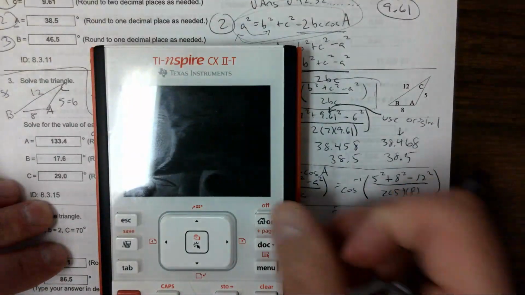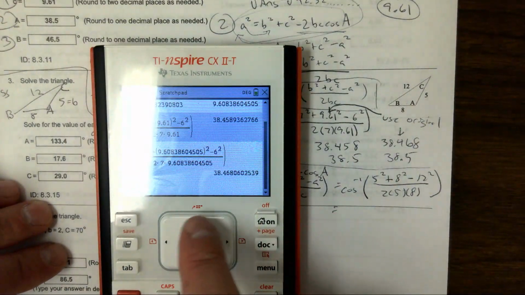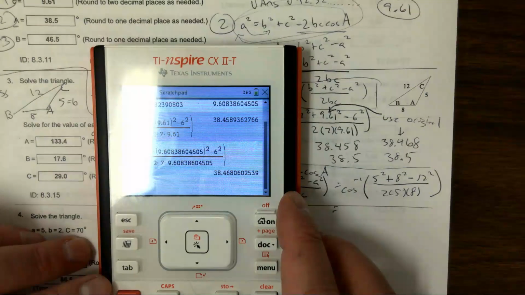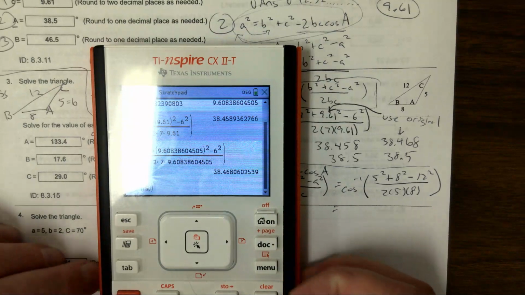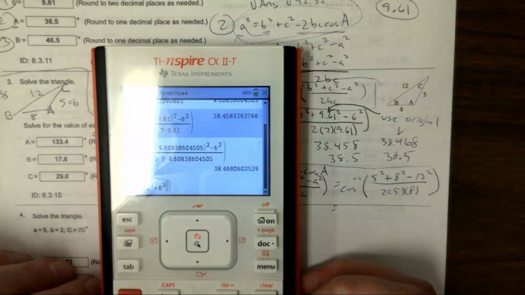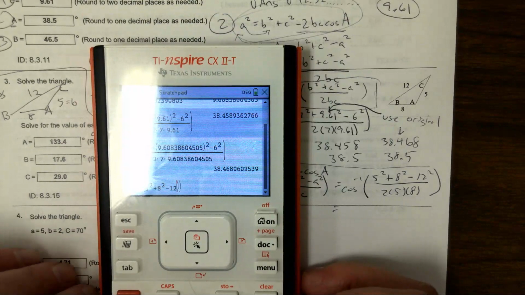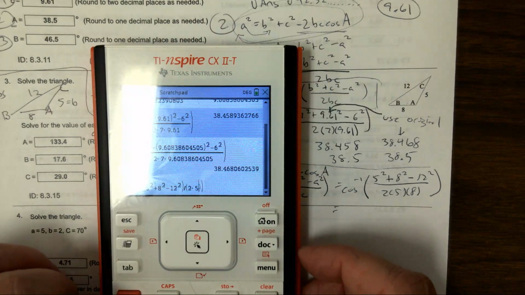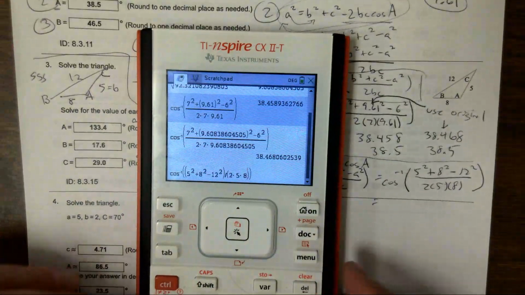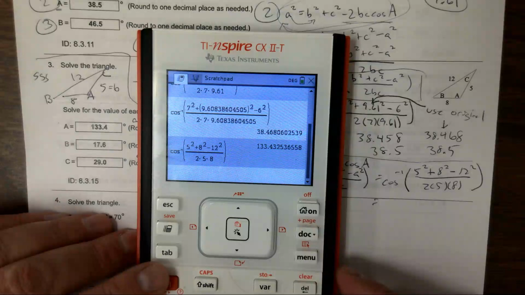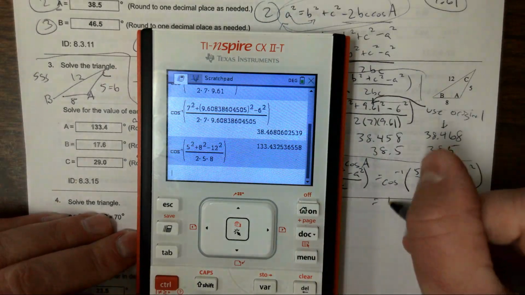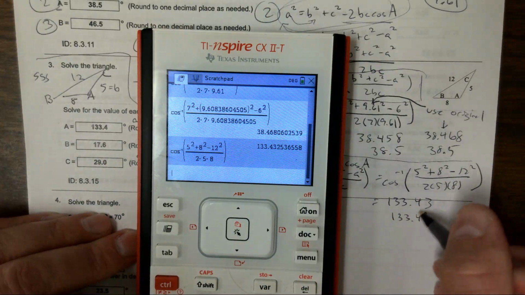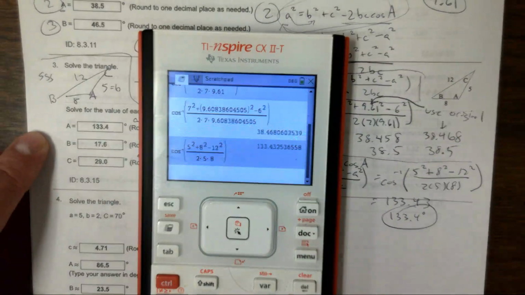Okay, so we need inverse cosine, open another parentheses, go 5 squared plus 8 squared minus 12 squared divided by parentheses 2 times 5 times 8. And we get 133.43, so that's 133.4 degrees, and so that's the A.